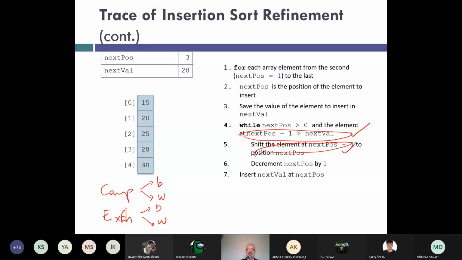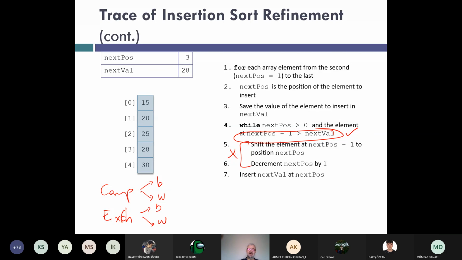Okay. In the best case, this while loop exits because of this condition before the first iteration of the while loop. So the body of the while loop is not executed at all. So this condition is not satisfied when we get to the while loop the first time.